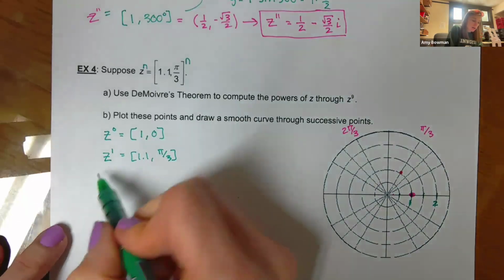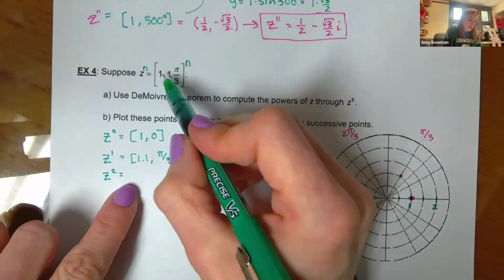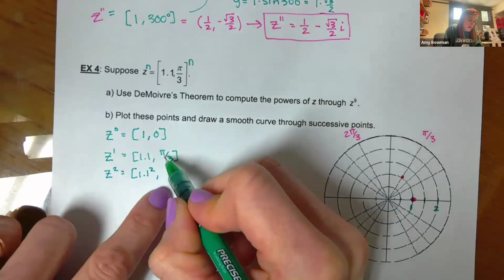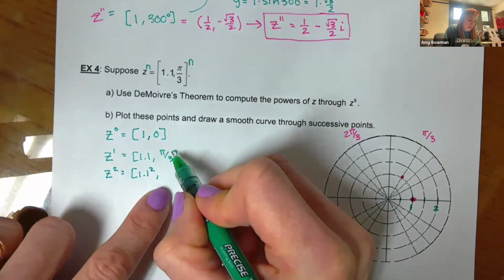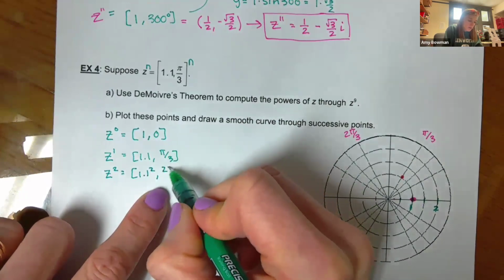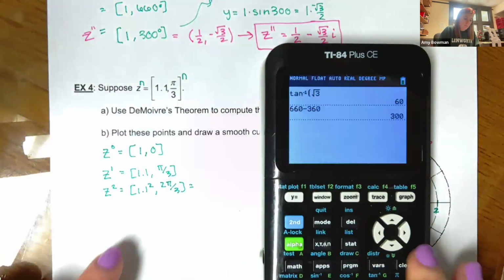Now we're going to find z squared. So that means I'm going to take 1.1 and square it, and then take pi thirds and multiply it by 2. So 2 pi thirds. So let's see the result there.